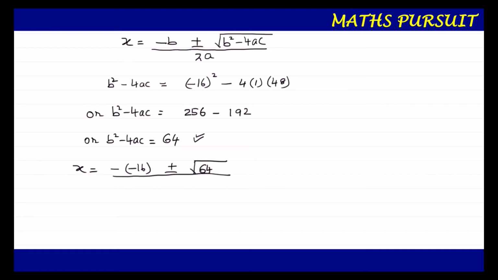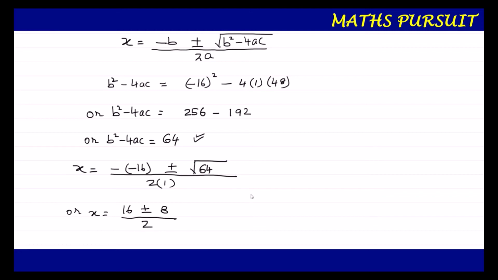The value of a is 1, so I can write 2 into 1. Or x is equal to minus into minus, it became plus 16, plus or minus root over 64. We know that 8 square is 64, so we got the square root of 64 as 8, and upon 2.